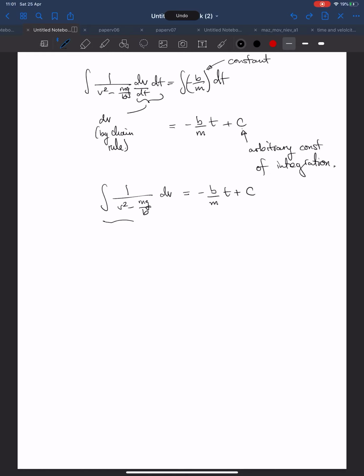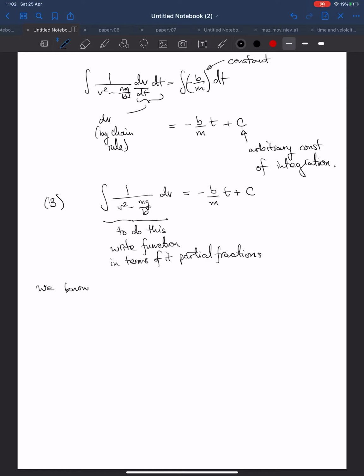Actually, there is something we can do, and you've seen this before. To tackle this, write the function in terms of its partial fractions. Okay, so now there's a bit of legwork to do. I'm going to call this 3 and we'll come back to it.